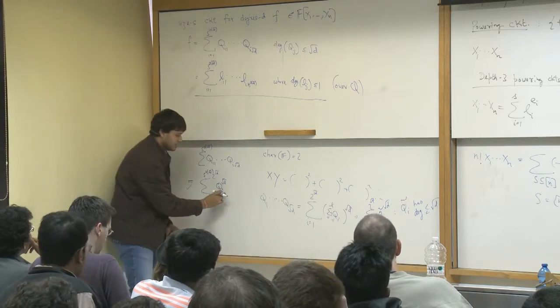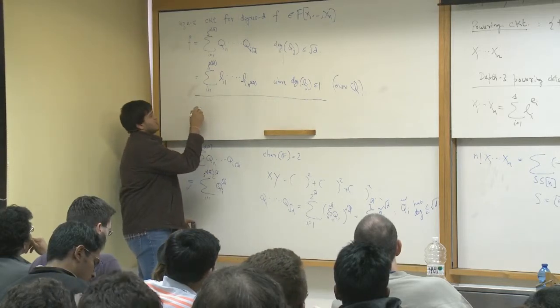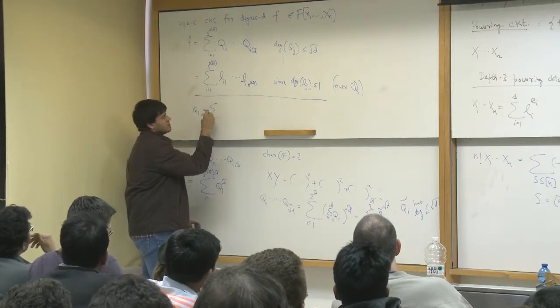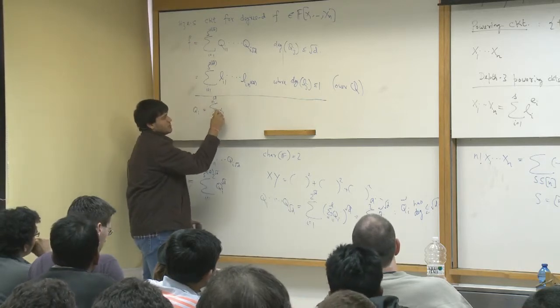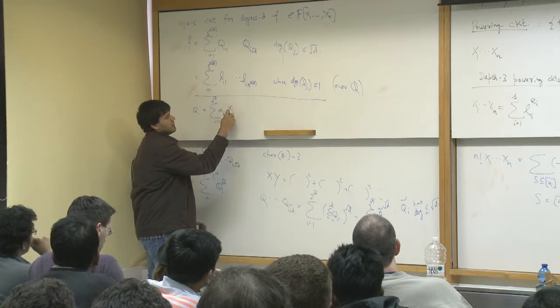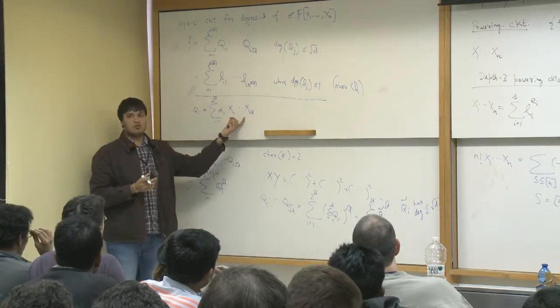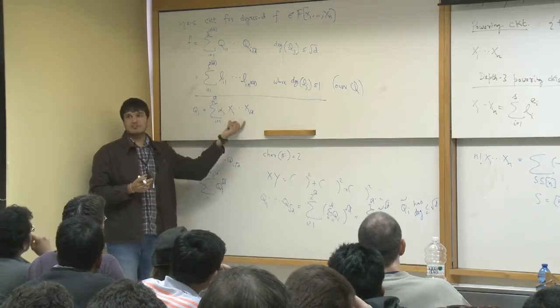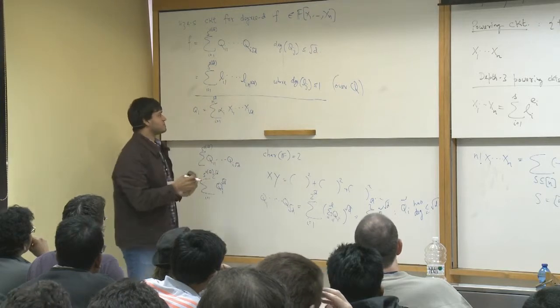So if you view any QI, this is just some alpha I times xi1 up to xi root d, right? Because it's a degree root d polynomial. So any such polynomial can be written into this expression. So let's apply this identity again.